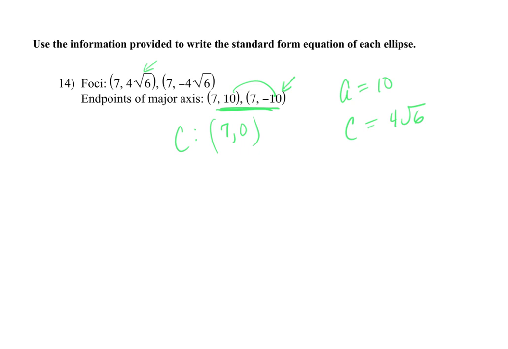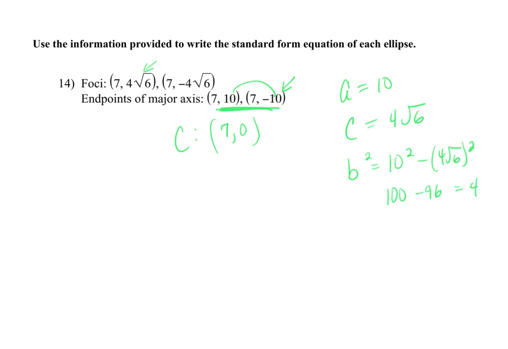Remember, C squared is A squared minus B squared. So if I know my C and my A, I can solve for B by just plugging it in. So B squared is going to equal 10 squared minus 4 squared is 6 squared. We have 100 minus 96, B squared is 4.